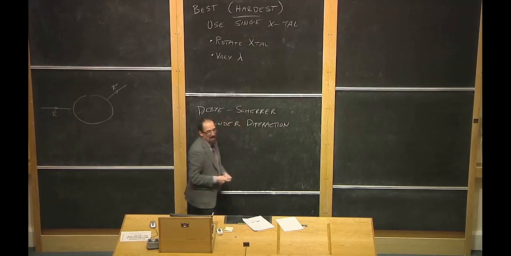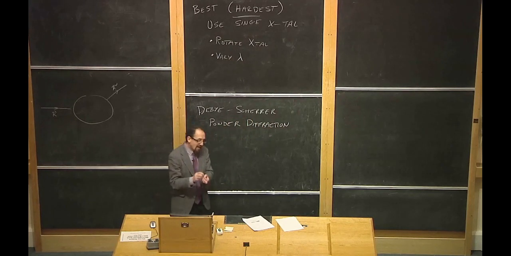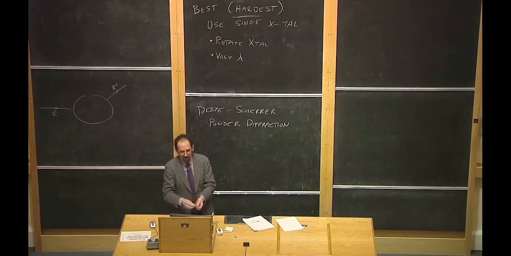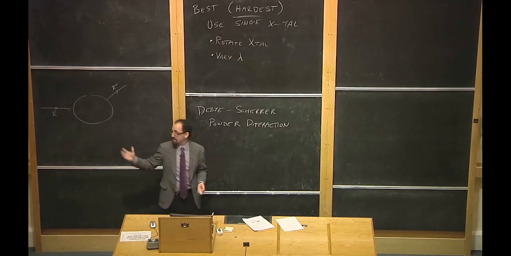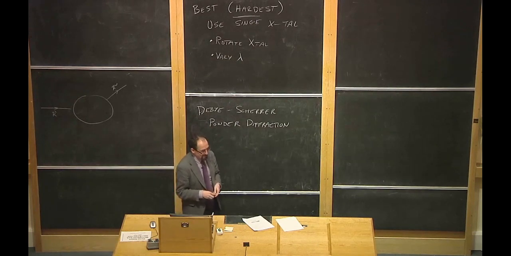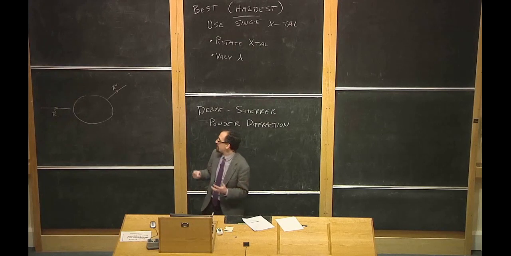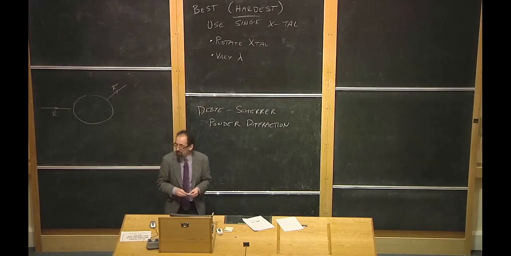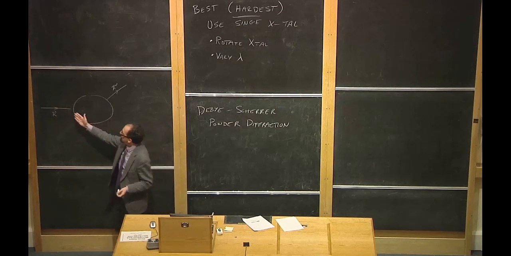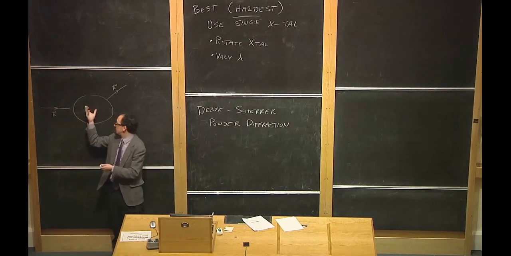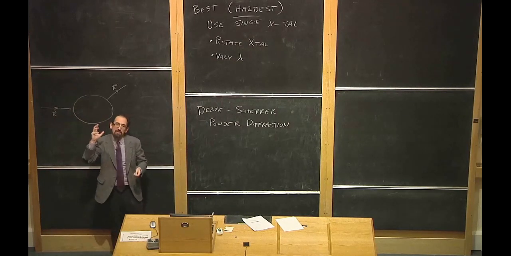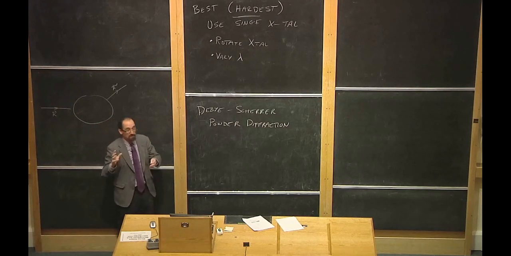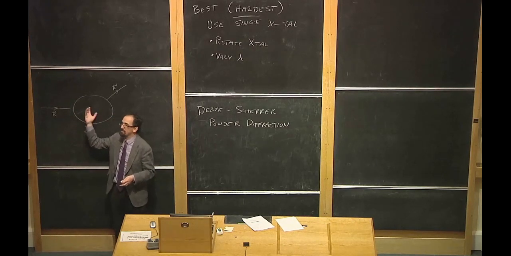Because you can use a powder of the material, lots of tiny little crystallites, put that in your sample and get data out of it and actually make sense of it. Now, the general principle of powder diffraction, or doing diffraction on polycrystalline samples, is this: if you're sending a wave into your crystal, imagine for a second you had a big single crystal and you could rotate it around.